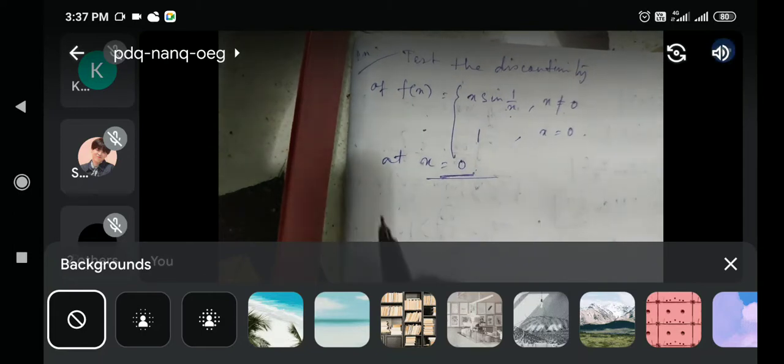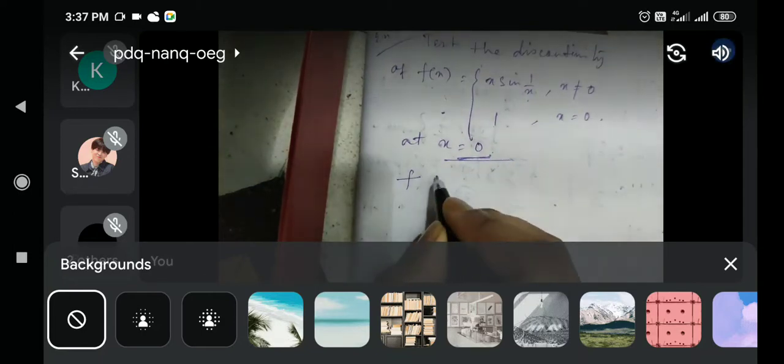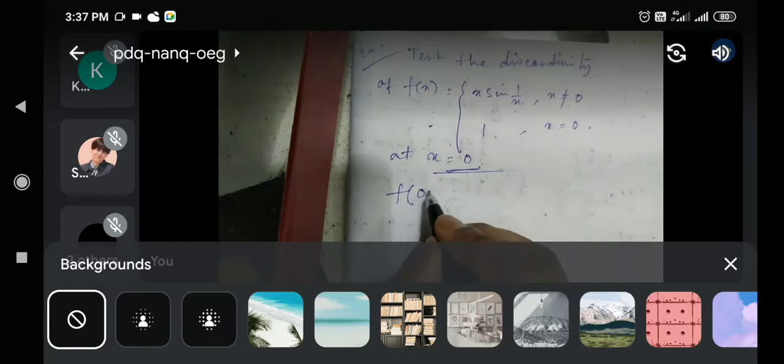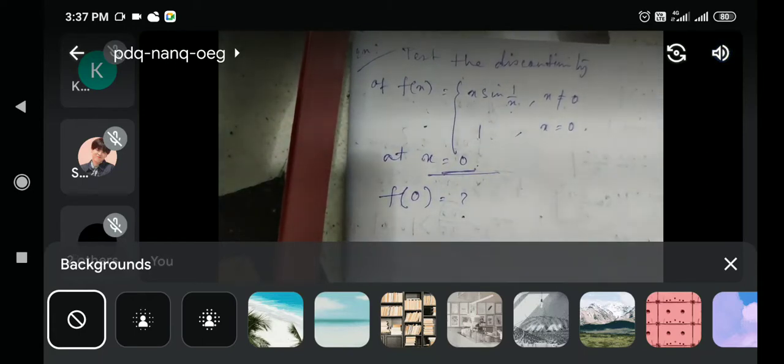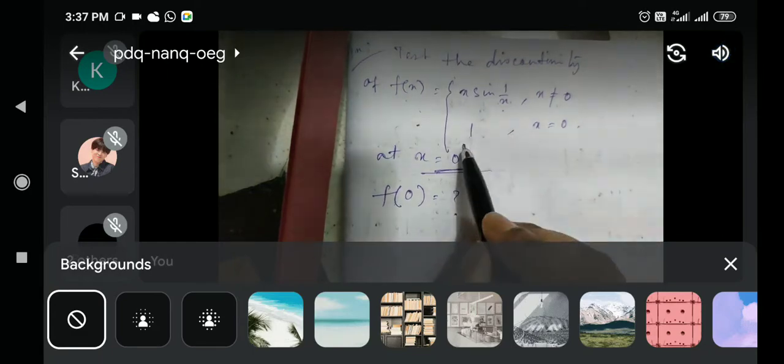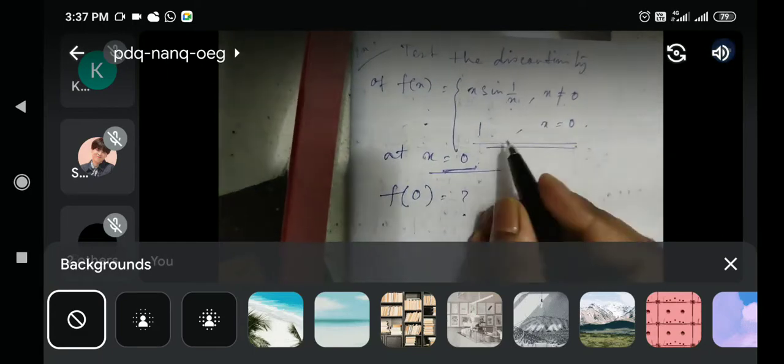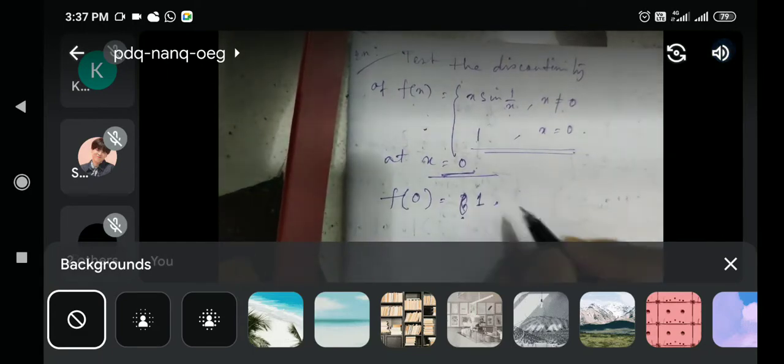Now can someone tell me what is the functional value at the point 0, that is what is the value of f(0)? One. Yes, this is given here, that is f(0) is equal to 1.